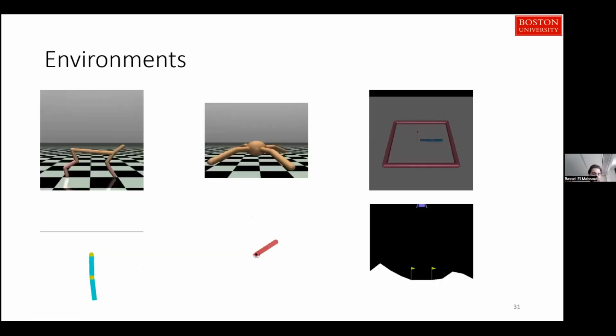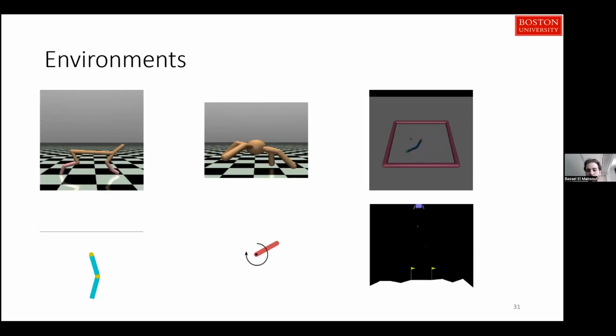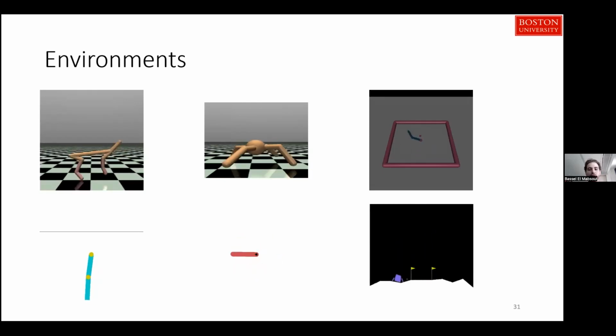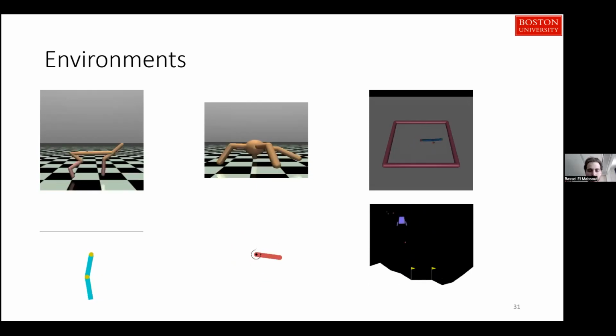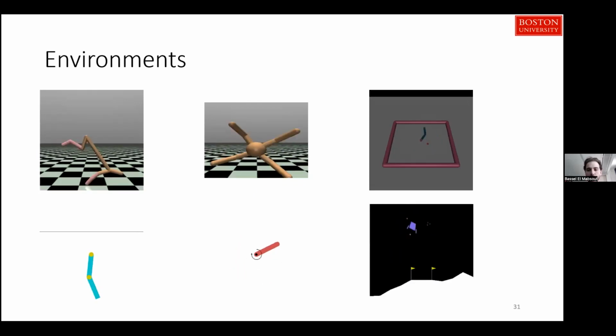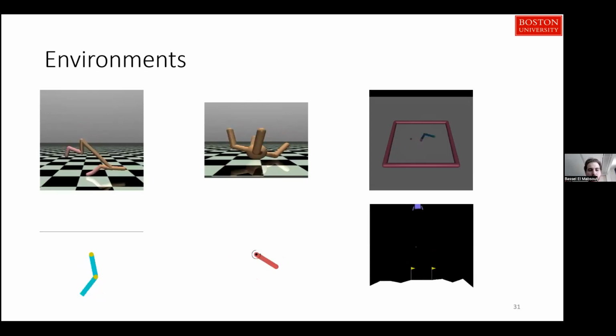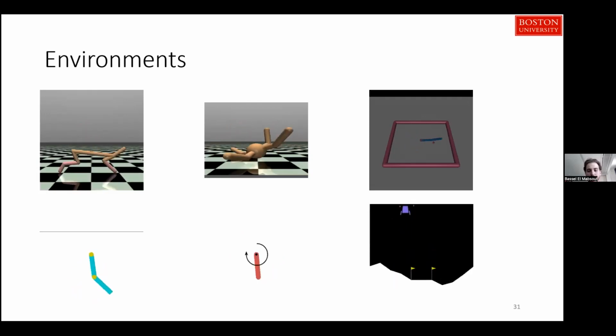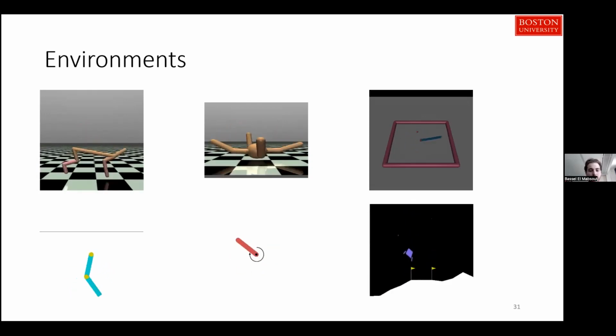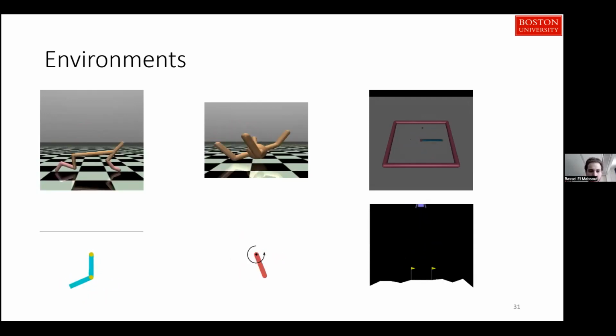Okay. These ideas of reward composition we thought were general enough to try to apply to different methods. And we tried them on these 6 different benchmark environments that people tend to use in reinforcement learning. And we tried to see if we could re-engineer the rewards to be much simpler in all of these environments and still achieve the behaviors that we want them to achieve.